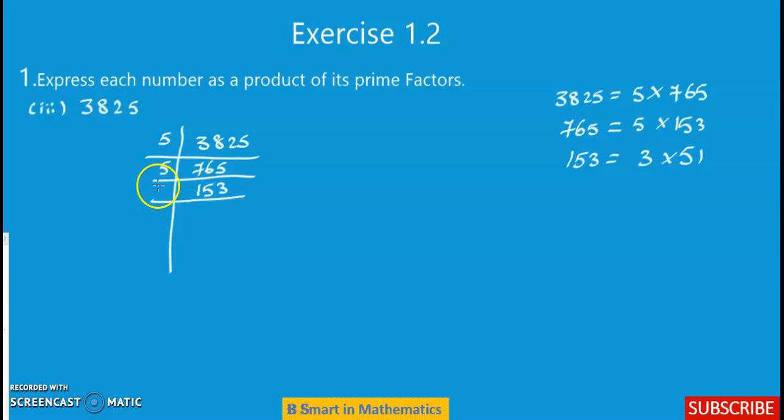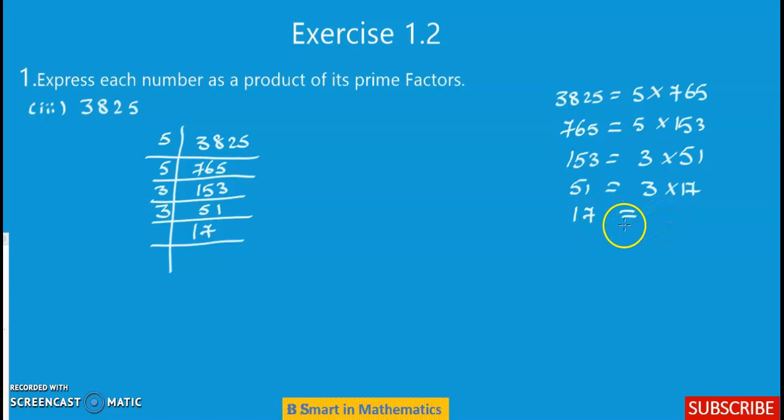So you have to write the prime number 3 here. You have to write the 51 here. Again 51 can be written as 3 into 17. Write the prime number 3. Write 17 here. Yes, obviously 17 is a prime number.